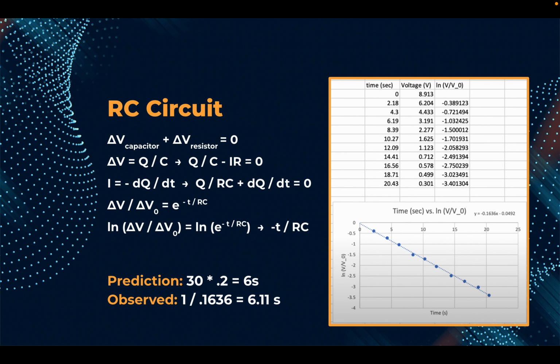Through these calculations, I was able to predict that the time constant would be 6 seconds, and what I observed is 6.11 seconds, so it really wasn't too far off. On the right are all of the numbers that I was able to plot for the time versus the change in voltage.